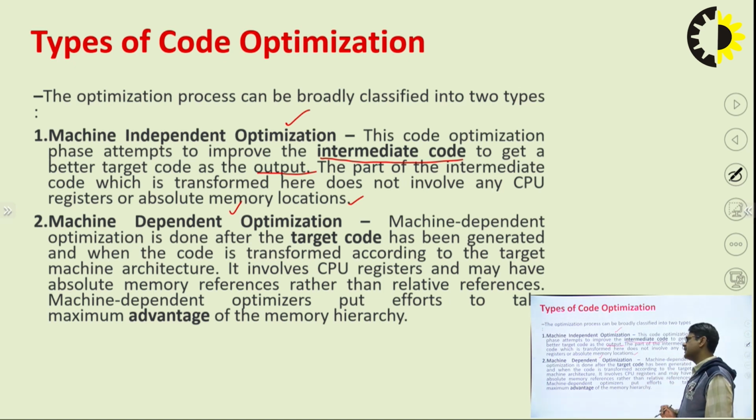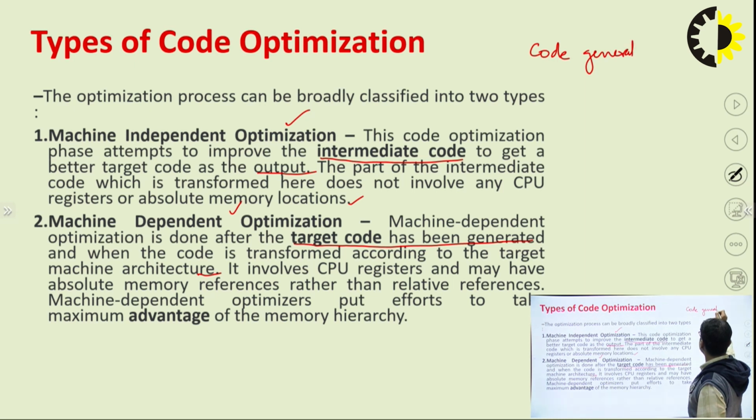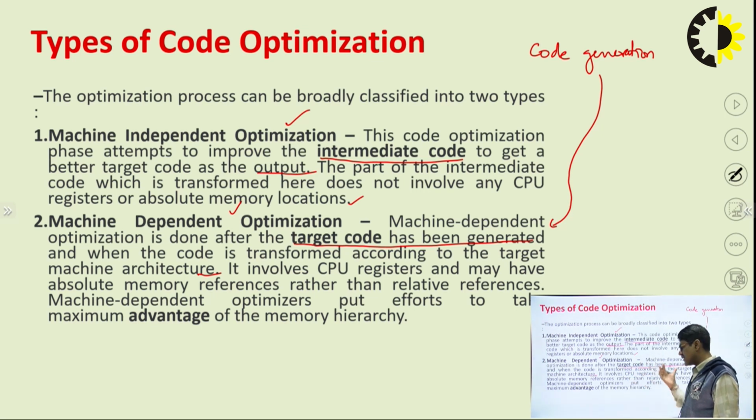Machine dependent optimization is done after the target code has been generated, when the code is transformed according to the target machine architecture. So it is after the code generation phase. That's why it is called machine dependent optimization: after the target code is generated, whatever is left in terms of optimization, we apply this.